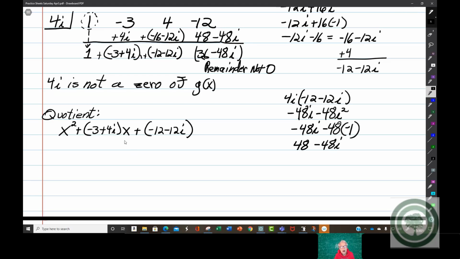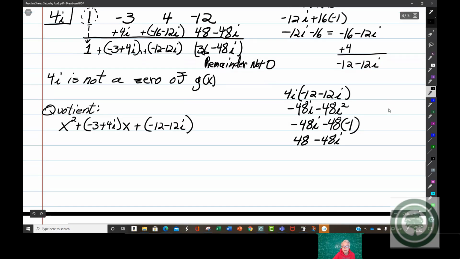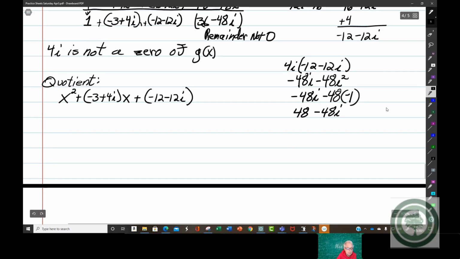These coefficients are complex. This is what it looks like to have complex coefficients. Unreal coefficients. I just wanted you to see that. And the remainder, if you were going to write the remainder, it would be 36 minus 48i.